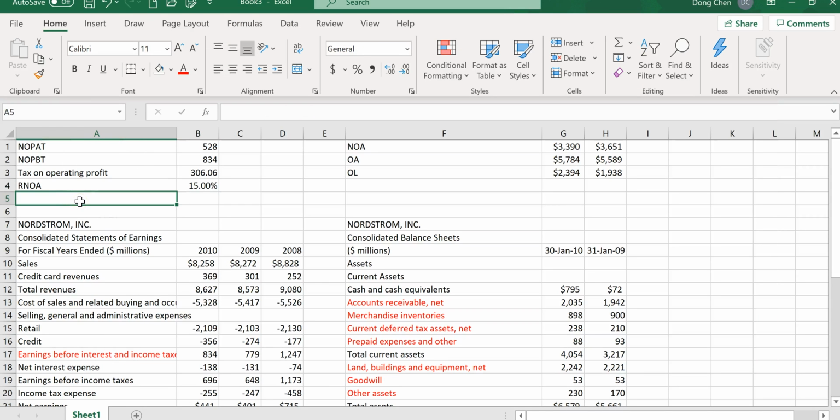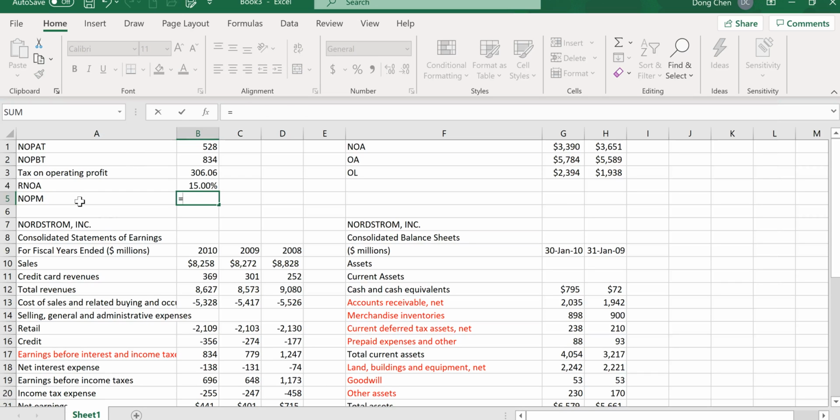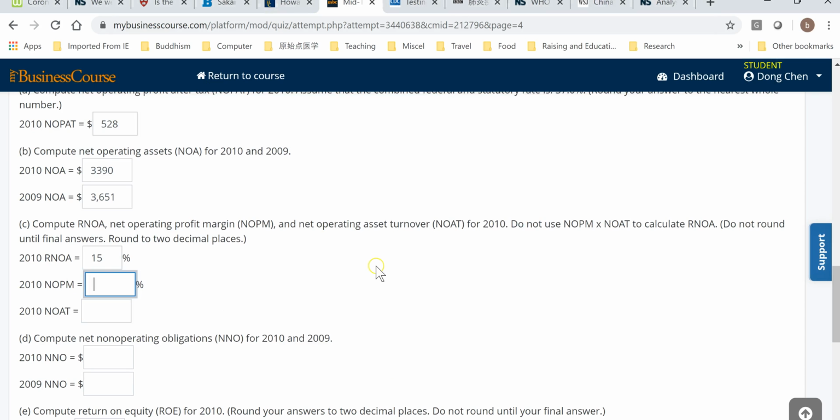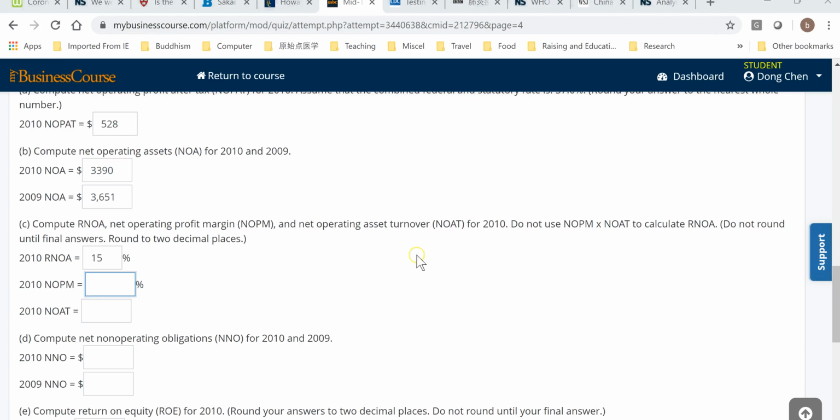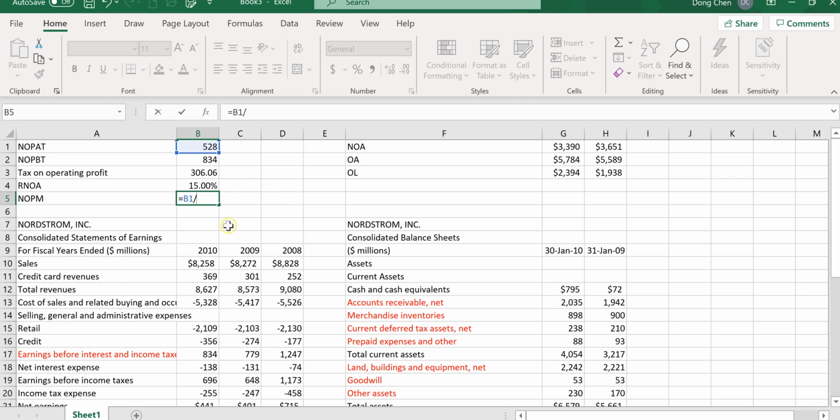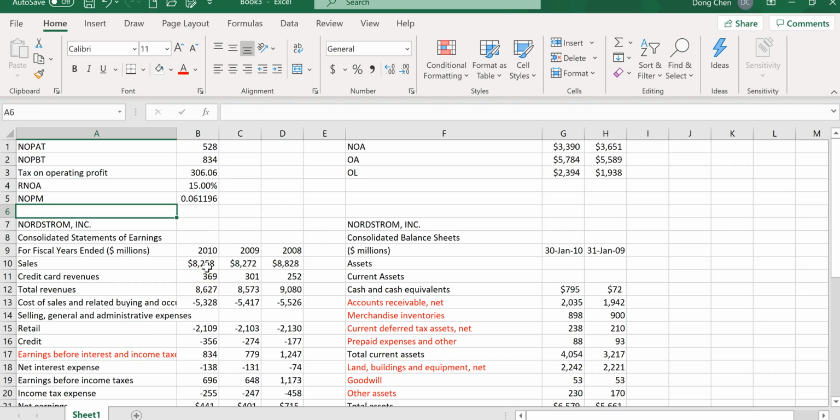So net operating profit margin is defined to be net operating profit after tax divided by sales. So that's basically this number. Again, in doing that, we go back to the hint: for sales, use total revenues for your computations when applicable. So that's where we need to pay attention to that hint. We need to use the total revenue as the denominator rather than just the sales here.